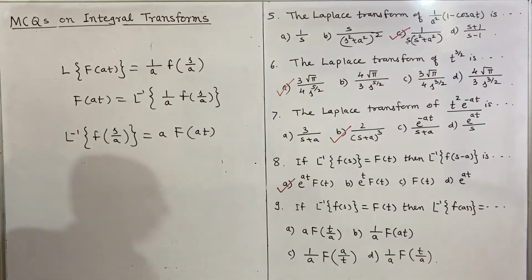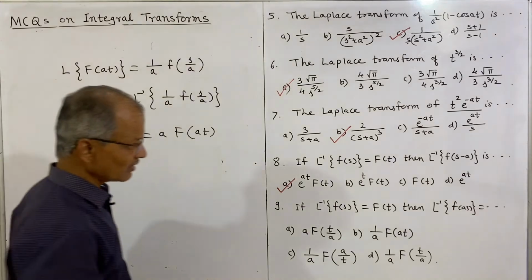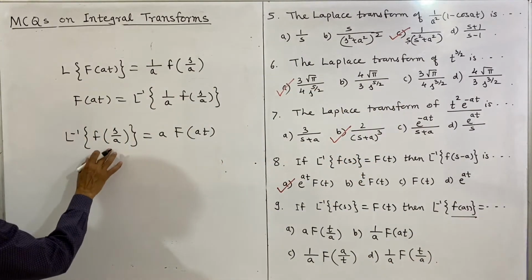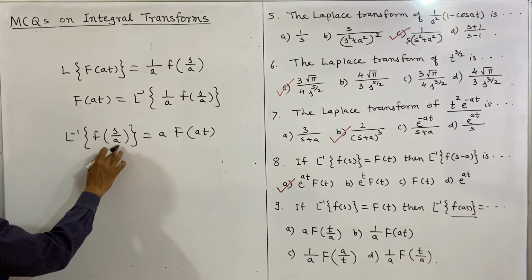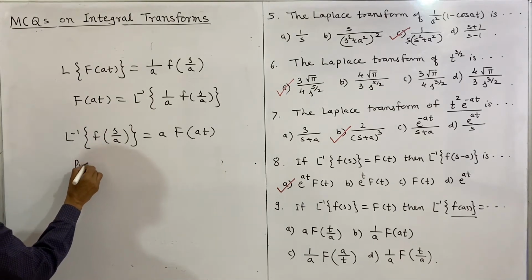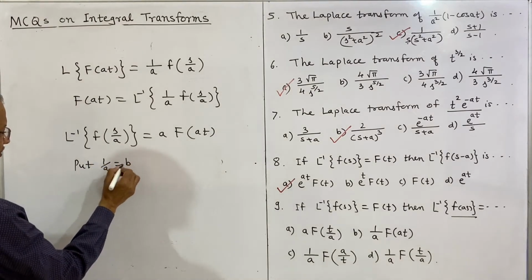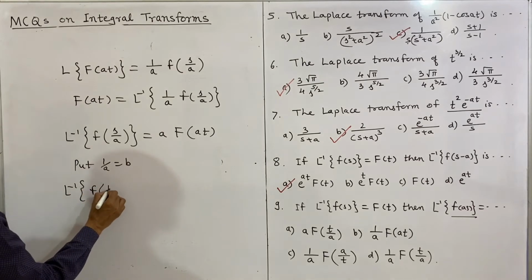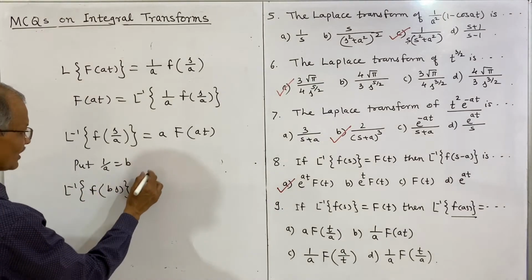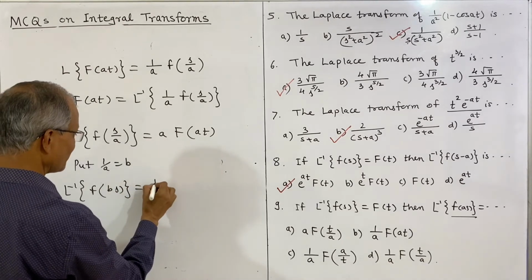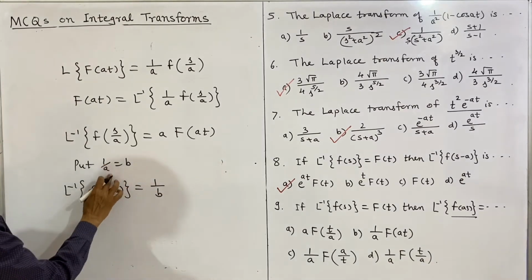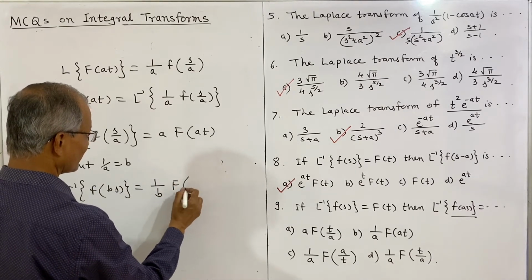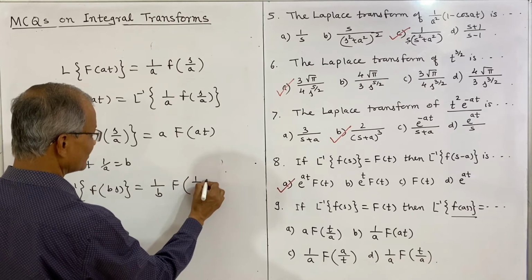So this is actually the result, but here we want the result for f of as, and thus we can replace 1 by a by b. Put 1 by a equal to b, then L inverse of f of bs is equal to 1 by b, since a is 1 by b, F of t upon b.